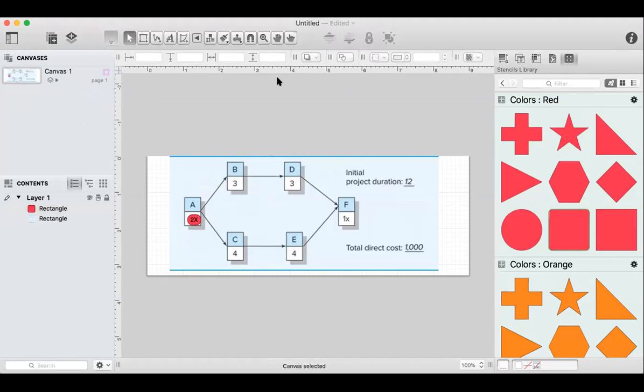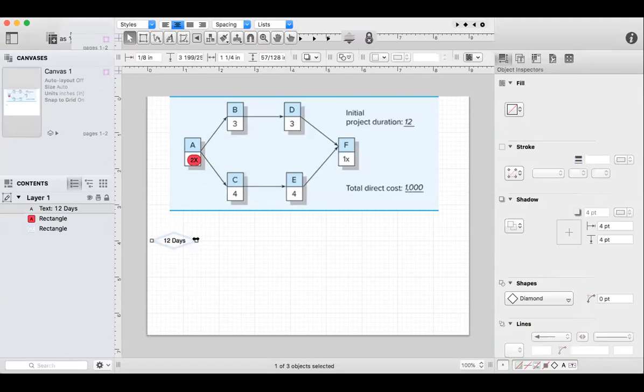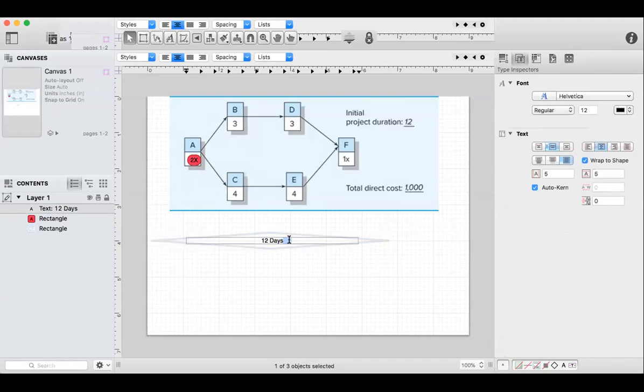And then the cost, I'm going to go and try to see if I can write something here. 12 days. I want to make it bigger, right? 12 days became equal $1,000. 11 days equal $1,050.